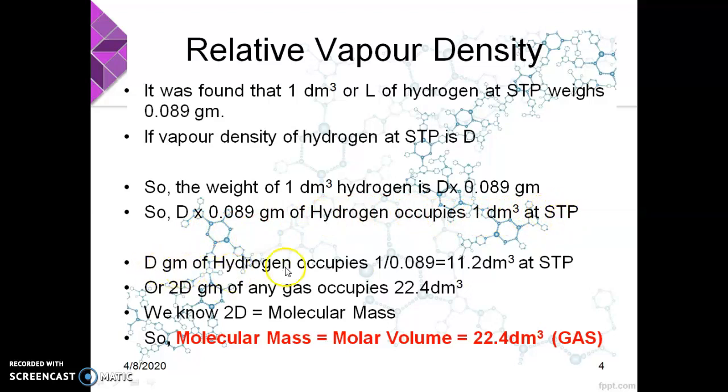Therefore, D gram of hydrogen occupies 11.2 dm cube at STP, or 2D gram of any gas occupies 22.4 dm cube, and we know 2 into vapor density is equal to molecular mass. So we can say molecular mass is equal to molar volume, the value of which is 22.4 decimeter cube, and this 22.4 decimeter cube is applicable for gas only.